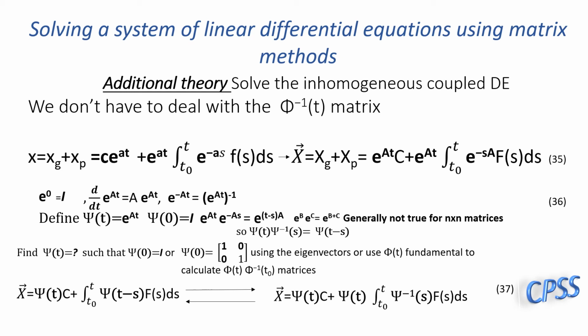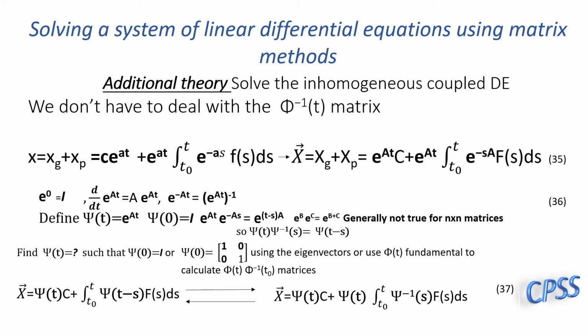We have to be careful about the multiplication of two exponential matrices, because that's generally not true. You can see that e to the B times e to the C, them being matrices, is not generally equal to e to the B plus C. That's not necessarily true for all matrices.